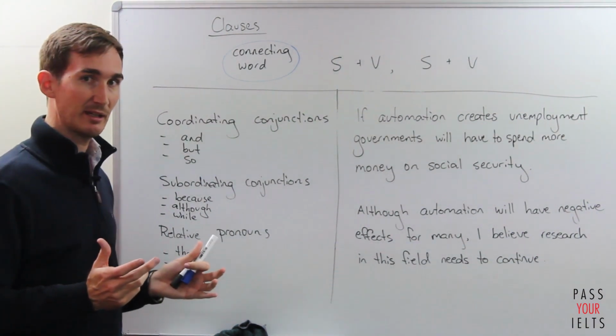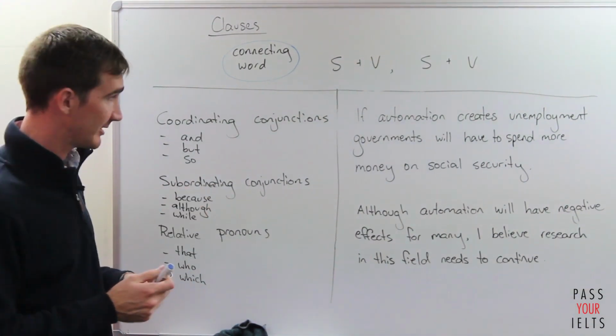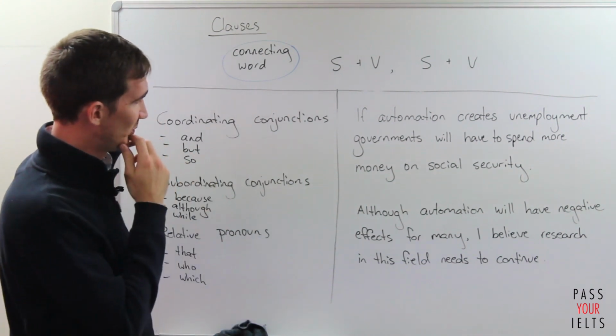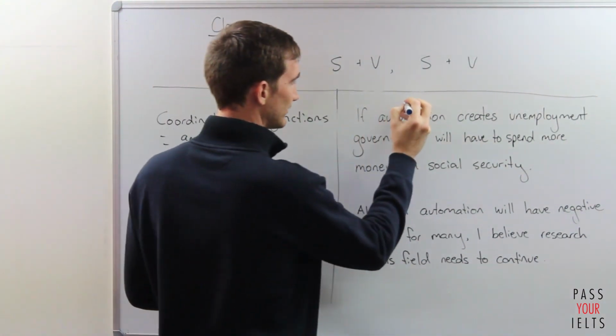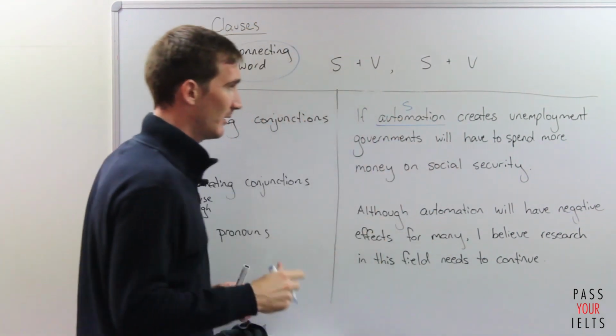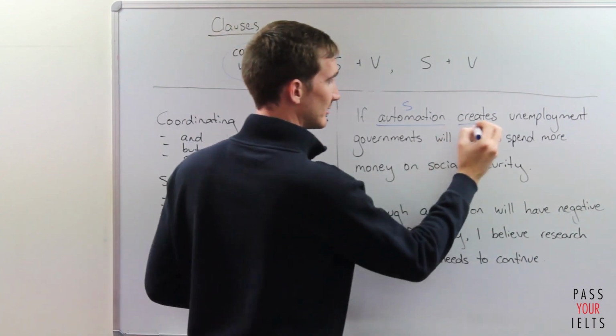Let's break down the sentence to see what we've got. Firstly, we need to identify our subject. What's the subject? It's not if, it's automation. Then, as always, we need to find the verb, and that is creates.